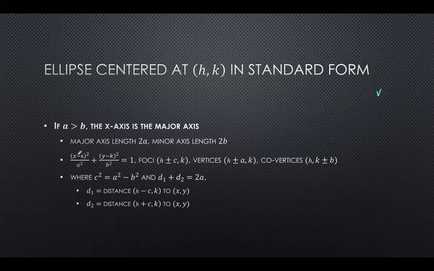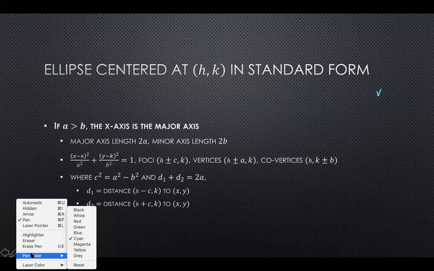You just subtract h from x and subtract k from y. So basically, you have vertical and horizontal translations of the graph of the ellipse that is centered at the origin.